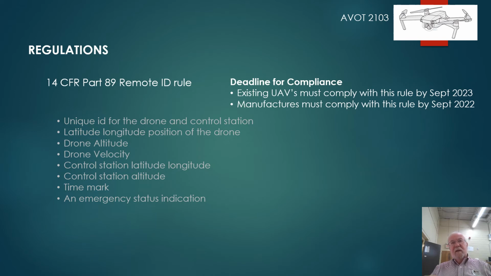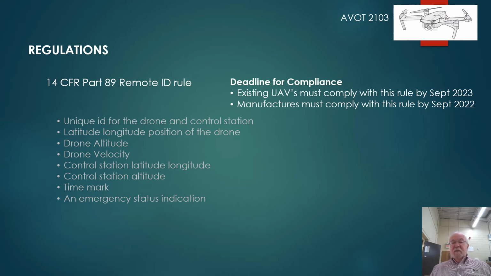What we're relying on now is third-party manufacturers, or even DJI, probably coming up with either a software fix that can be downloaded into the controller that will provide for Remote ID, or a module that you would have to pay extra money for, and you glue it to the side of your UAV to transmit this information. And of course, it will have to be glued to the side of your controller as well. There'll be some way of coming up with that. They're still working on that.